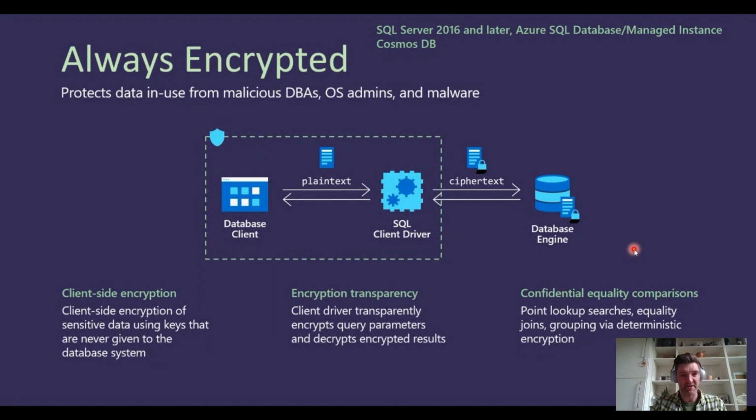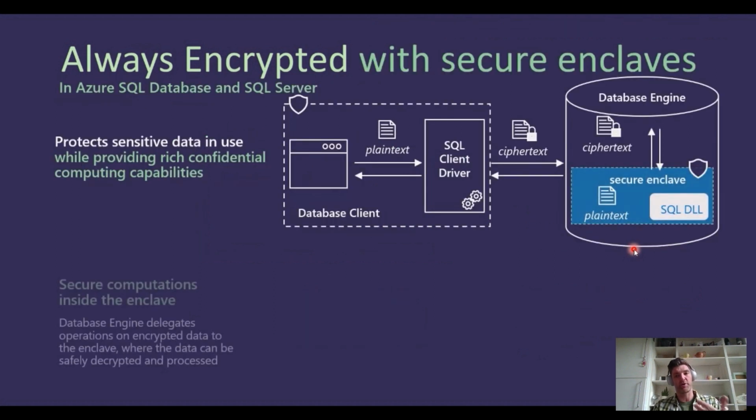We wanted to address that problem, and we started working on a new version of Always Encrypted, which is what we call Always Encrypted with Secure Enclaves. It's exactly the same principle, so we still have our application, which is considered trusted. The application still sends the data in ciphertext, but now the database engine can make use of a secure enclave. You probably all know what a secure enclave is.